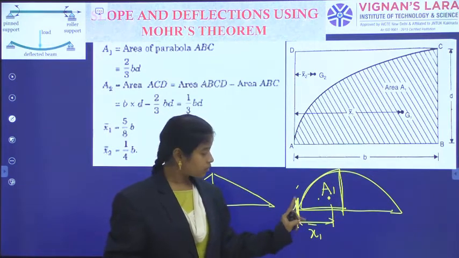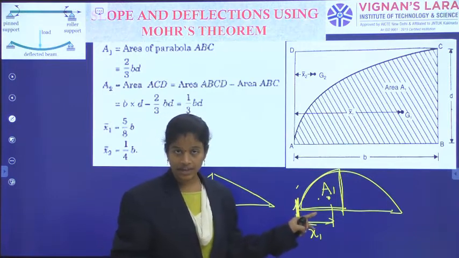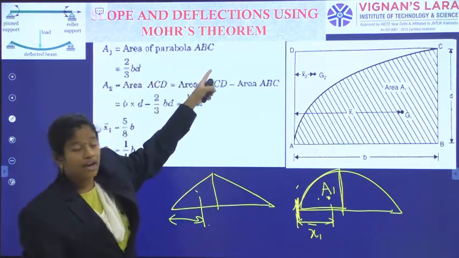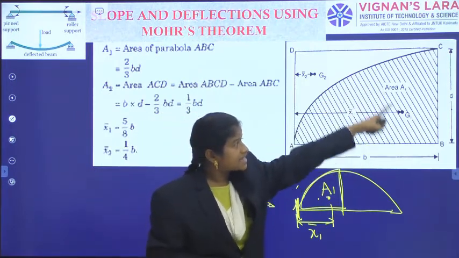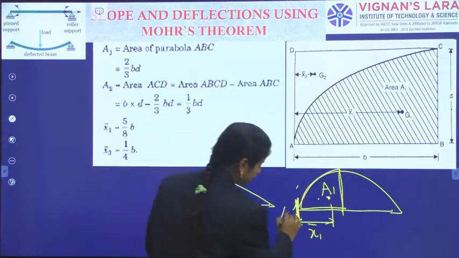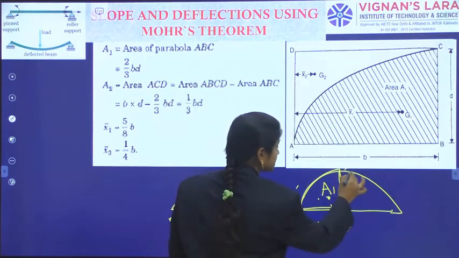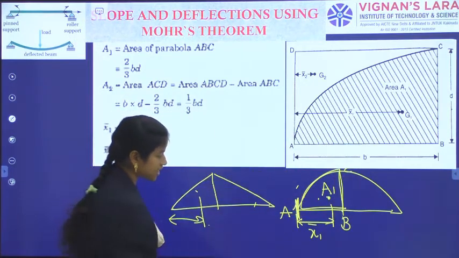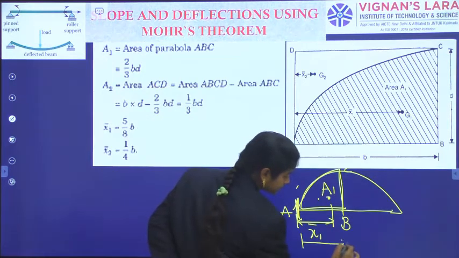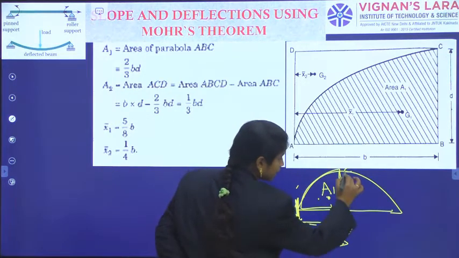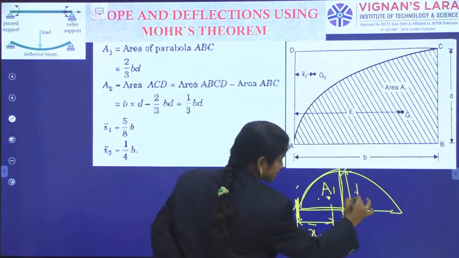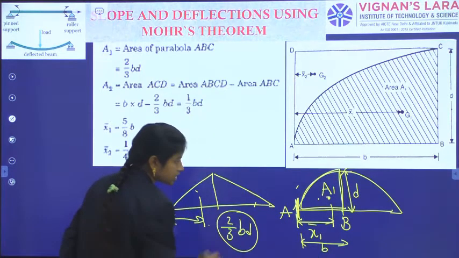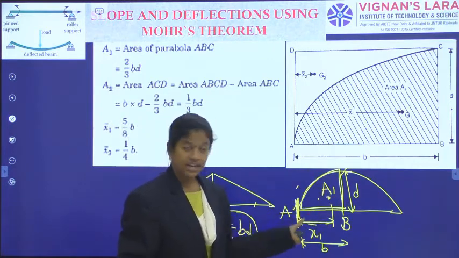That we have written, and the answer: A1 is equal to the area of the parabola A, B, C. We are having the area of this portion, if it is B and if it is indicated as D, so 2/3 BD is the area of the parabolic portion when it is coming like this shape.